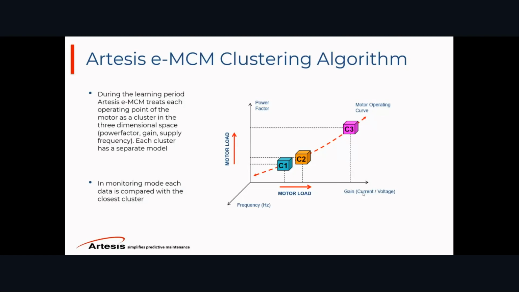What it does here is create different operational clusters. Each cluster will contain its own set of learned models. When in monitor mode, the e-MCM will constantly compare the monitoring information with the closest cluster that it created thresholds for.